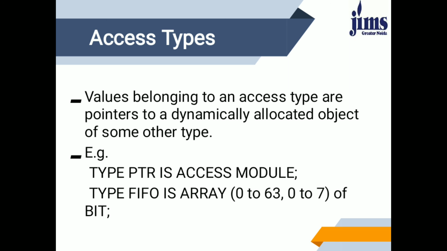Example is type PTR is access state or access module. Here PTR is an access type whose values are addresses that point to object of type date. Clear?